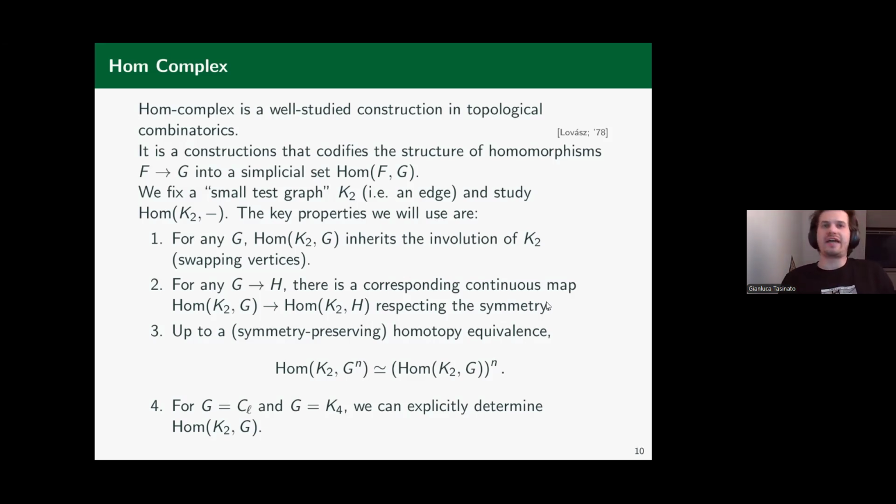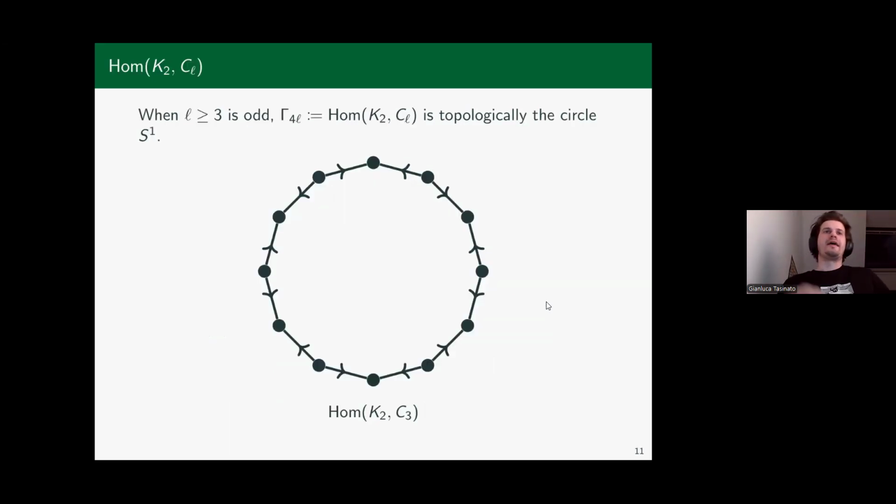Finally, for the cases that we're interested in, so when G is an odd cycle of arbitrary length, or when G is the clique on 4 vertices, we can actually explicitly determine who these simplicial sets are. When we have an odd cycle, then we have what we call gamma L. It's just notational. Topologically, this is just a circle, S1, where the Z2 symmetry is the standard antipodal map.